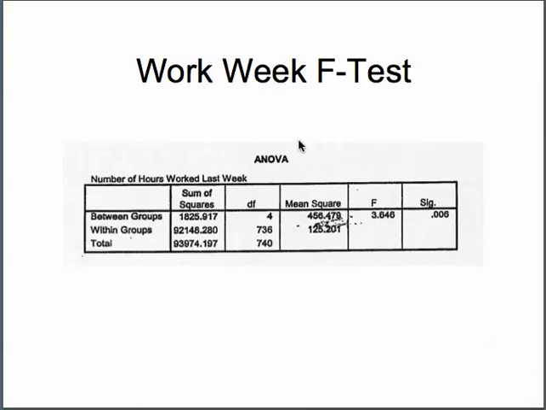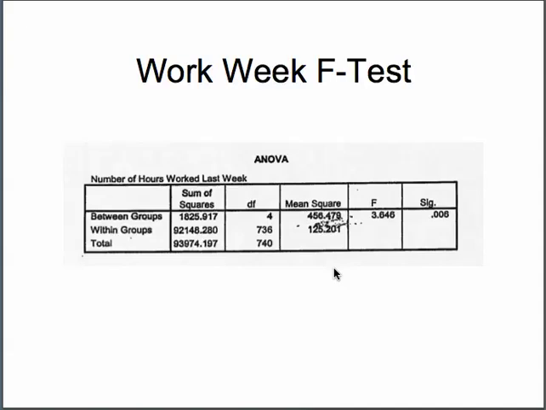You can see that the ANOVA box contains information about the mean square, then the f-test, then the sig. Let's talk about each of these values. The mean square refers to the average sum of squared standard deviations. The mean square within groups refers to the average sum of squared standard deviations from the mean value within each group.